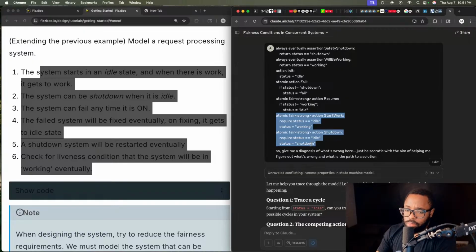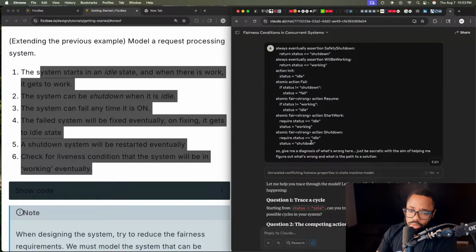But then that puts into question my understanding of the fairness. Because then it would be idle, working, fail, idle, working, fail, idle, working, fail, idle.